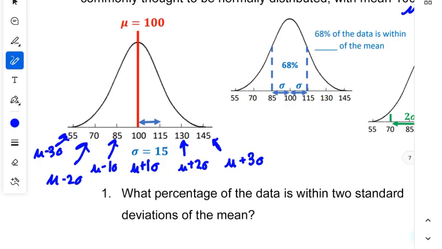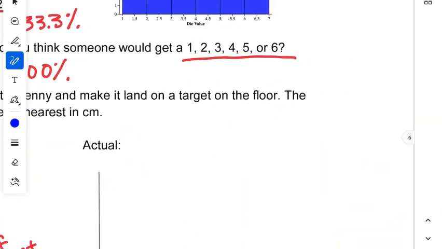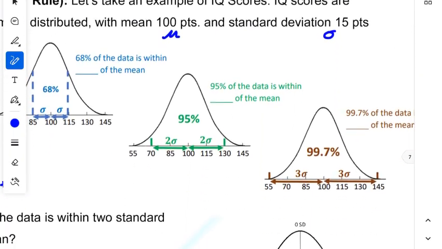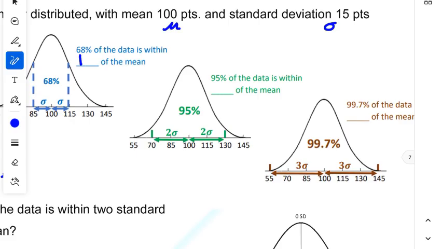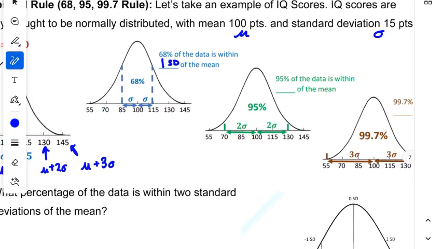So if you were to take a random sample of people and find their IQ scores, then you would find that 68% of that sample is within 1 standard deviation of the mean.